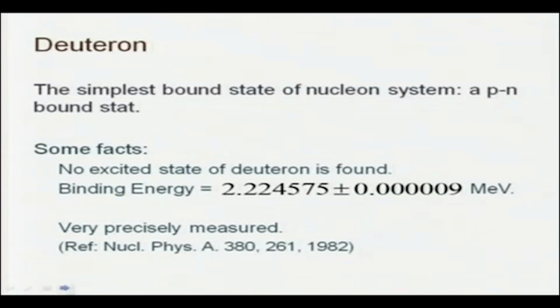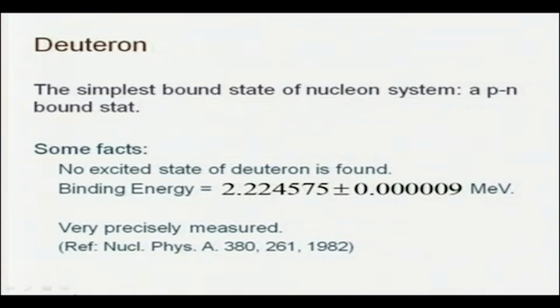Okay. So, these are some of the properties that by and large we can associate to the nucleus, or any general nuclear force between any system of nucleons. And we will study some of these in a little more detail by considering some nuclear systems.